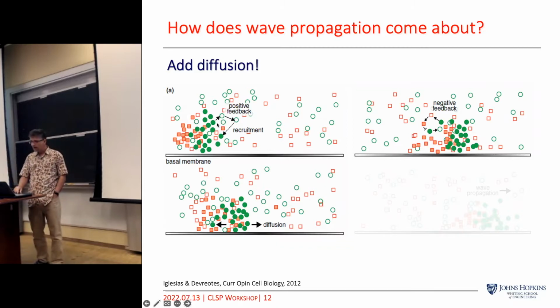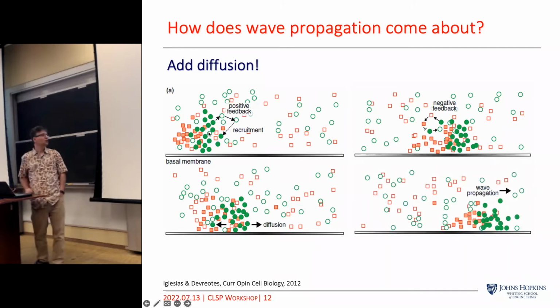They're diffusing around, and from the positive feedback, they're going to move over here and activate more of those molecules. So you see propagation in that sense, but they're also turning on some of the red inhibitors, and they are diffusing as well, and so they're going to prevent the wave from moving, in this case, to the left. And so you get propagation that goes to the right.